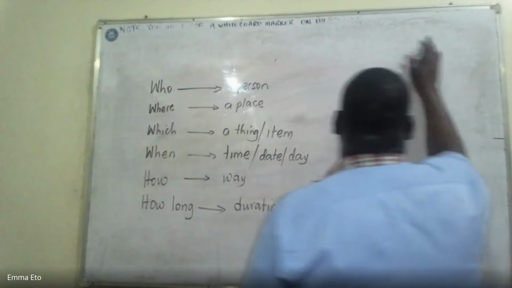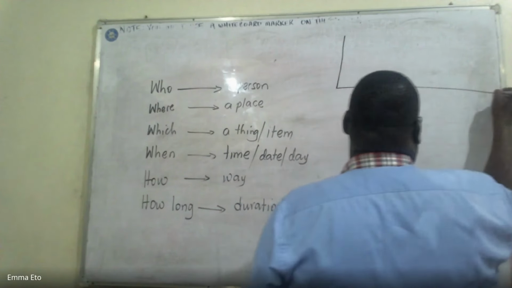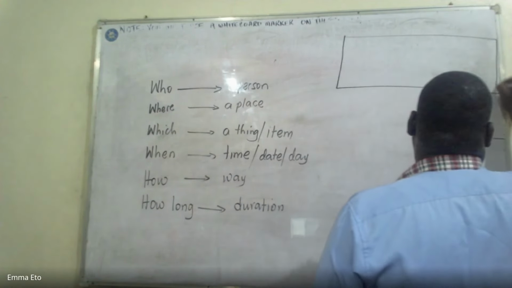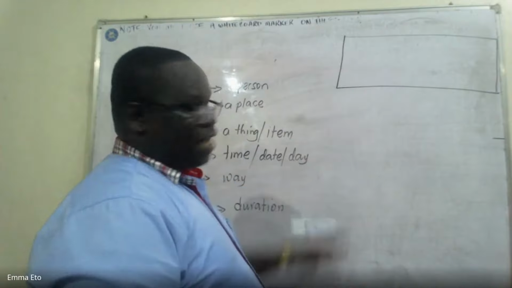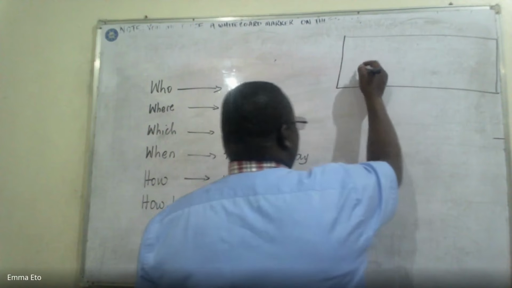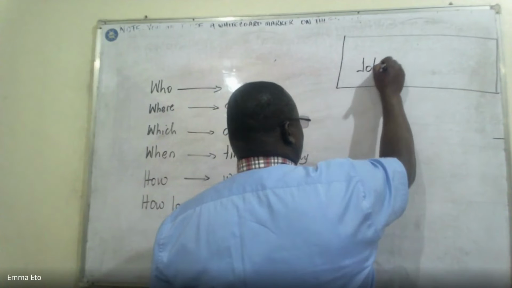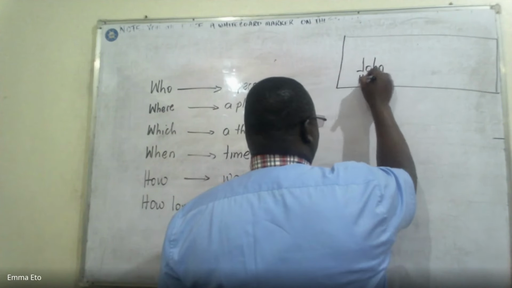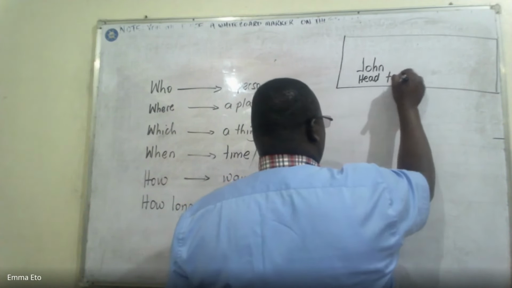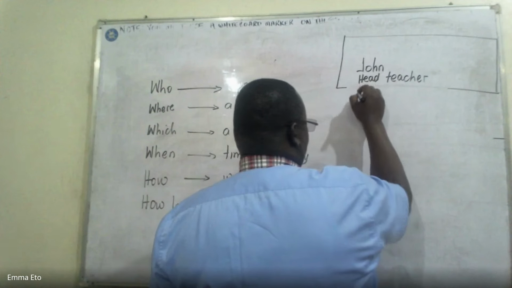For instance, if I have this information, it's an announcement, and then down here I have it as John, head teacher, maybe Bright Academy.